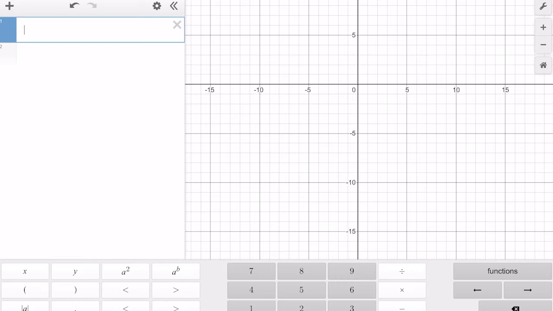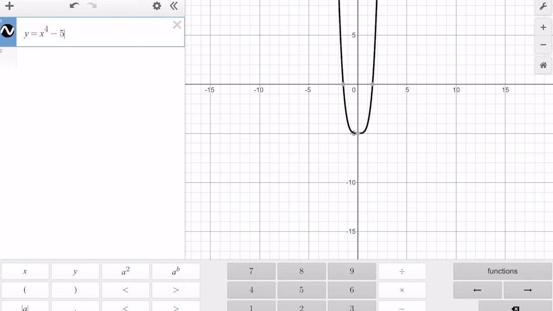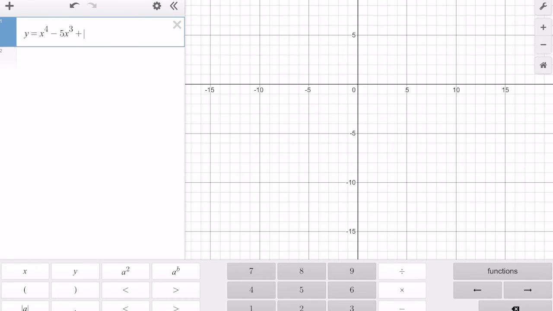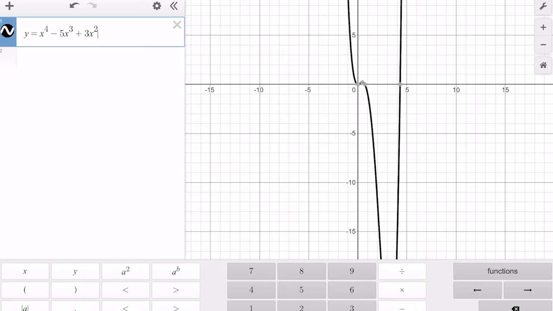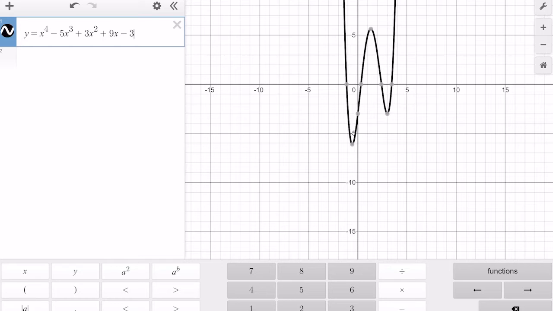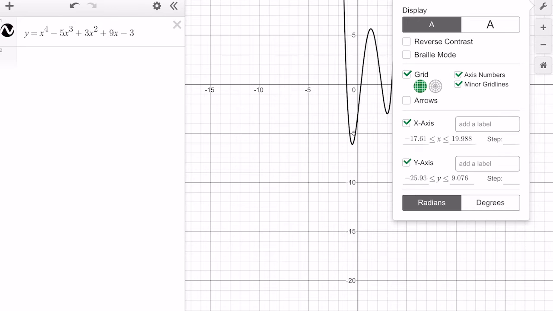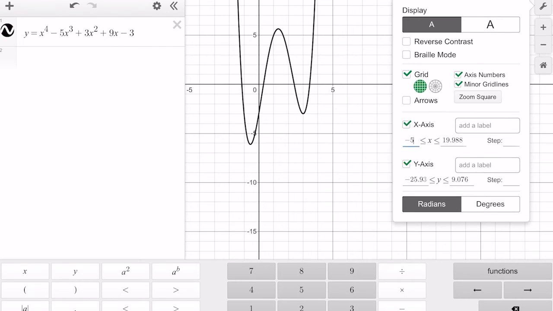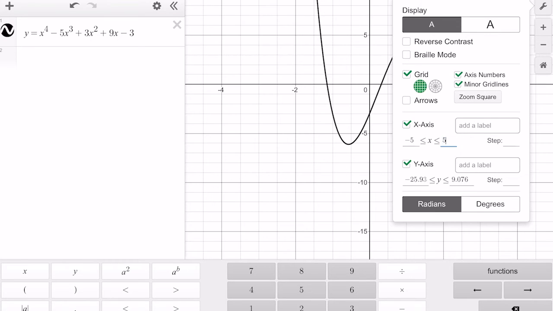And I'm going to type in my function. All right, and I also want to just look at -5 to 5. So for my x-axis, I'm going to change this to -5. And my x-max is 5.